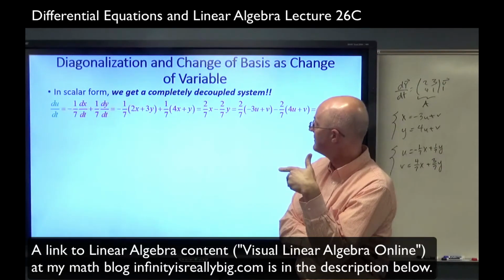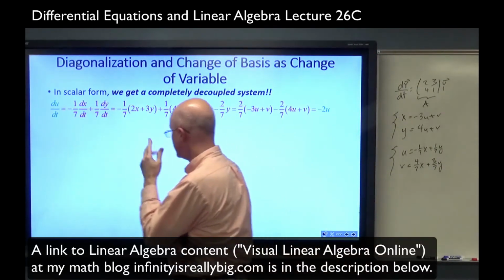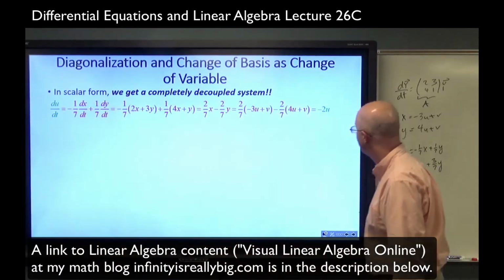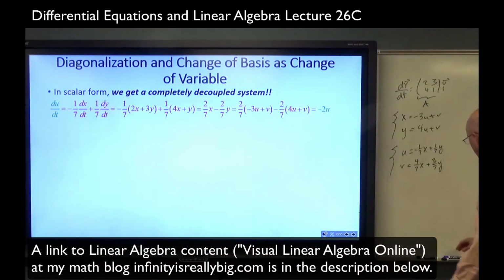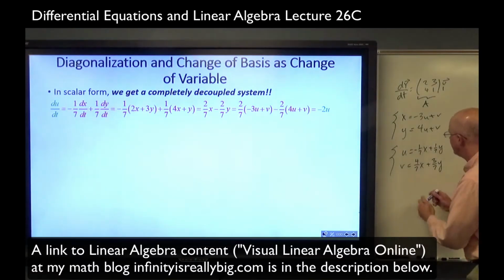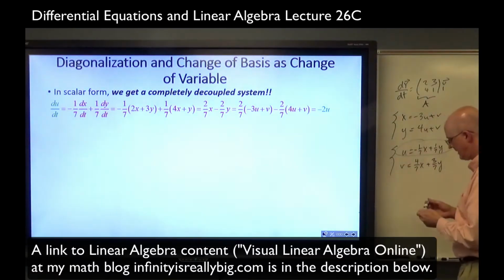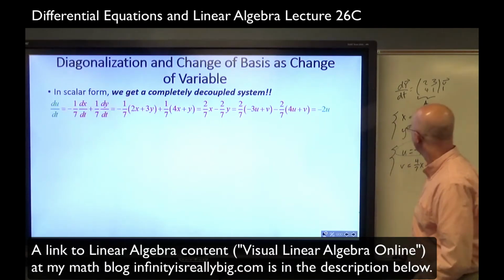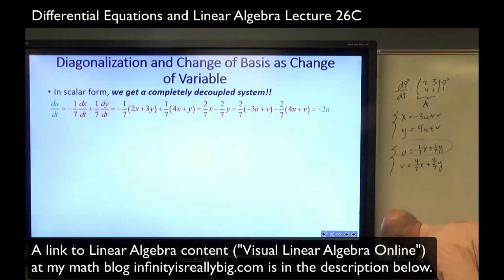Here are the details for finding du/dt. This is tricky, okay? You've got to be really careful when you do this. I'm starting by using this equation: u equals negative 1/7 x plus 1/7 y. I'm differentiating both sides with respect to t.